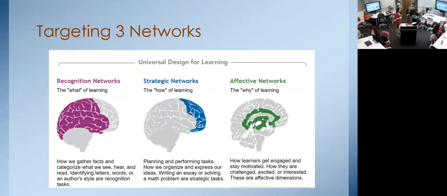Universal design targets the 3 networks that have been shown in the most recent research, as in it goes back all the way to the 90s.